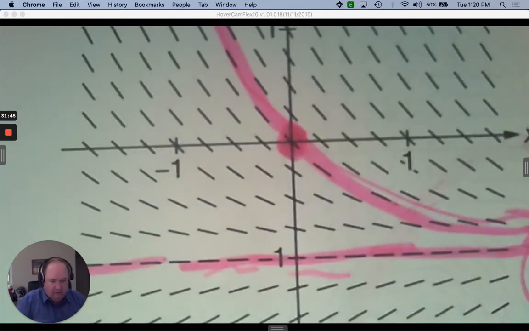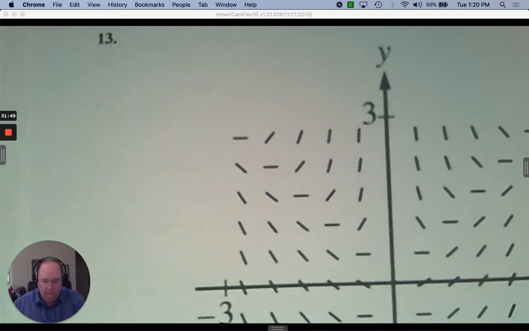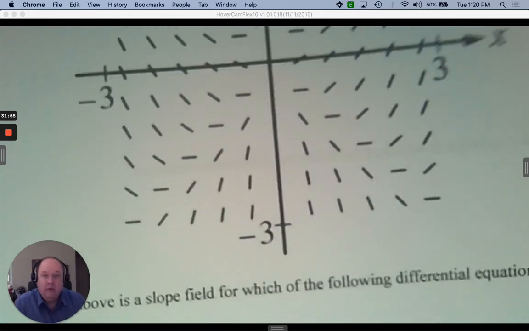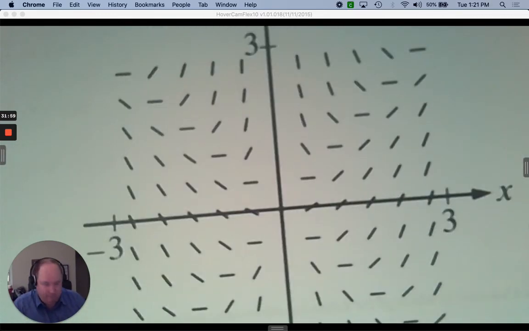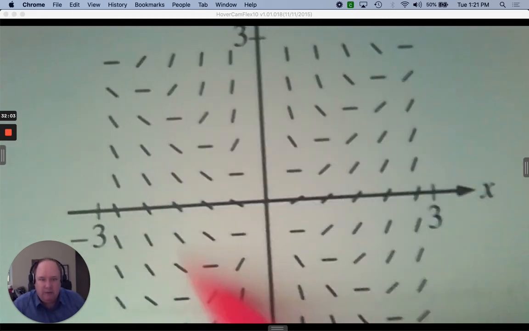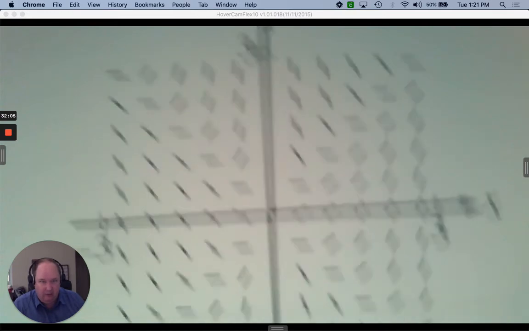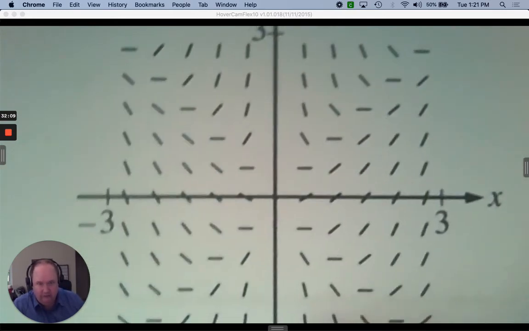All right, number 13. In number 13 it says, shown above is a slope field for which of the following diffy-q's? So what do I notice about this slope field before I go to the equations? Well, the one thing I notice is along the y-axis, it's empty.